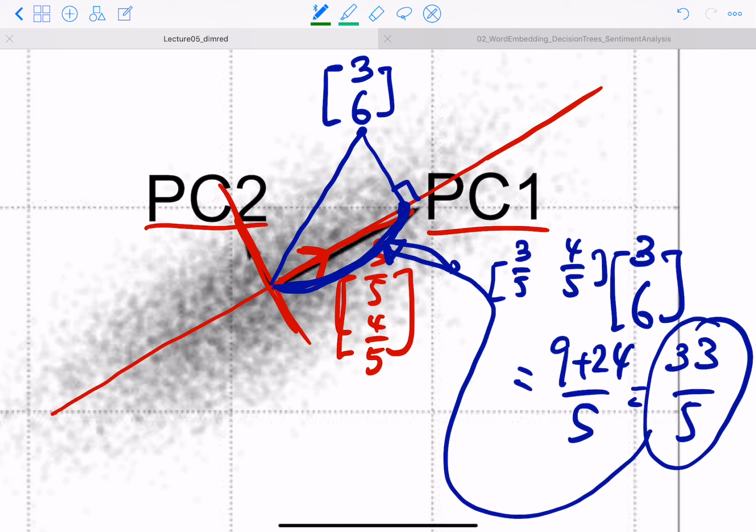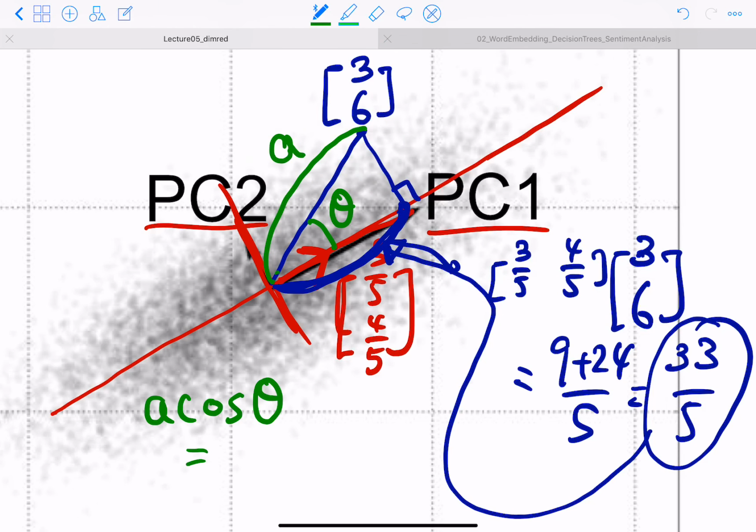Here this is theta, and we have this length, let's suppose that length is A. Then this line segment is obtained as A times cosine theta.